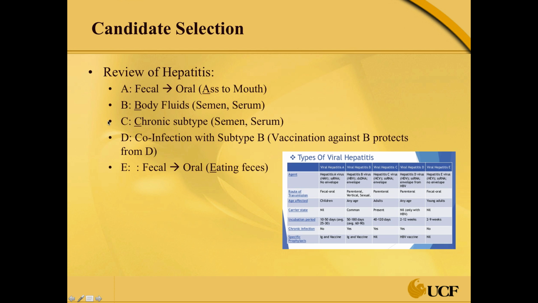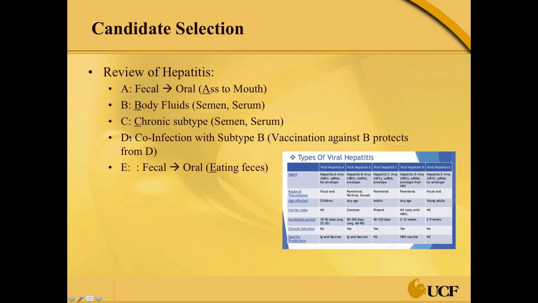That leaves us with types B, C, and D. Type B comes from body fluids, so semen, serum, all right? Obviously, vaginal fluids would be included in that, but I always think it's easier to remember just semen, serum, body fluids.